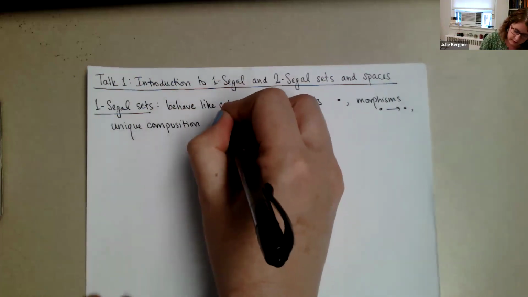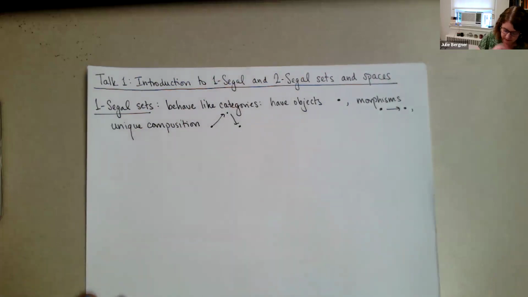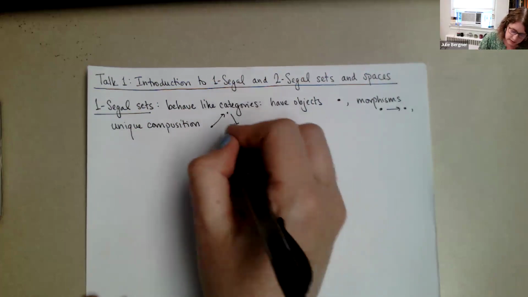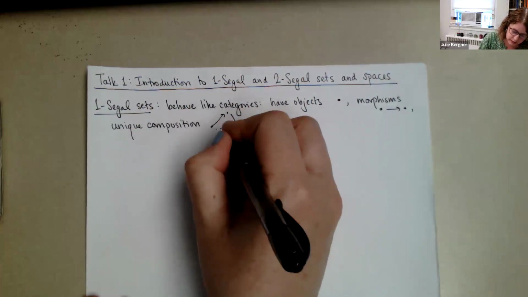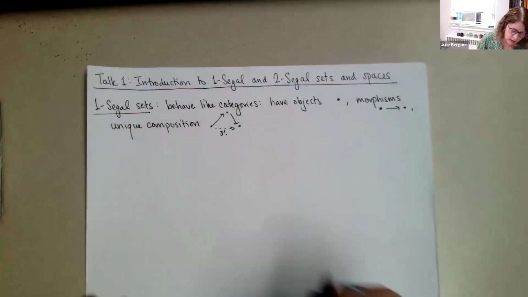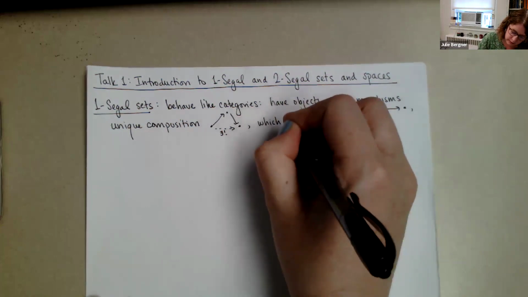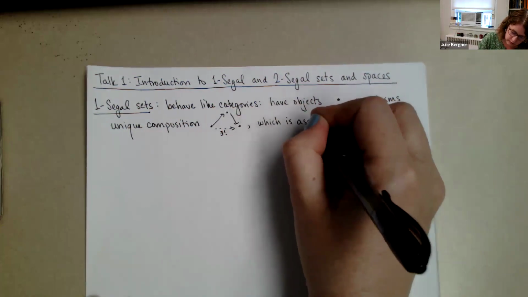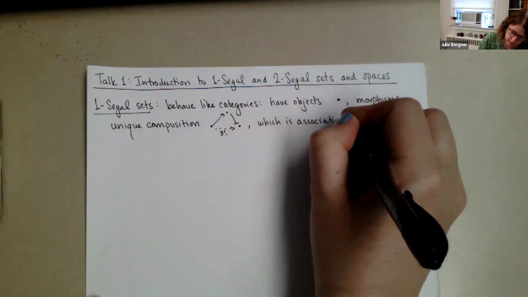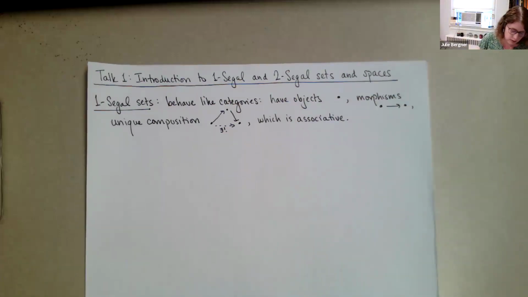So if we have 2 morphisms that follow one another, then there's a unique way to compose them. And this composition is associative. So heuristically, that's the kind of structure that this is supposed to encode.